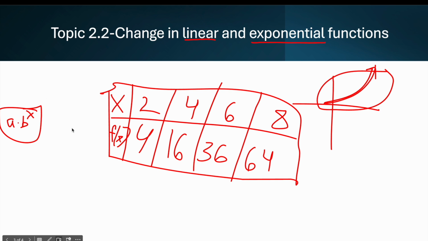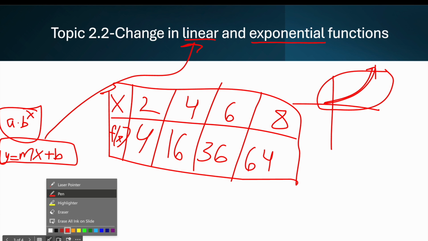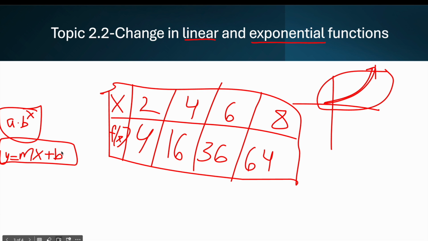An exponential function is supposed to look like this. A linear function would have the normal slope-intercept formula, which should look like this: this would be our slope, this would be our x, and this is our b value. This is the slope-intercept formula used for a linear equation. So that is one of the characteristics.